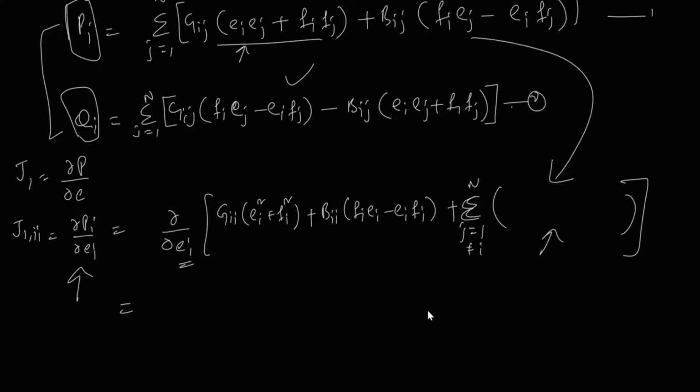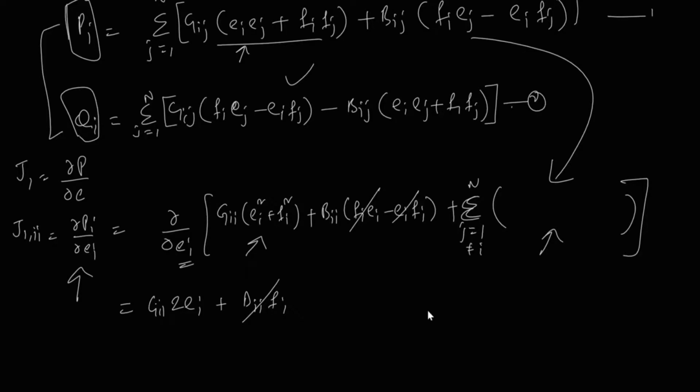First of all, the ii terms, if I take the derivative, reduce to 2Ei Gii plus Bii Fi minus Bii Fi. These two are the same, so this goes, right?